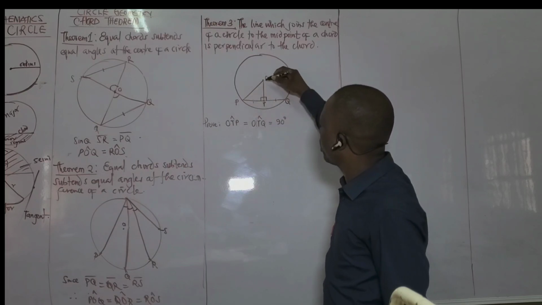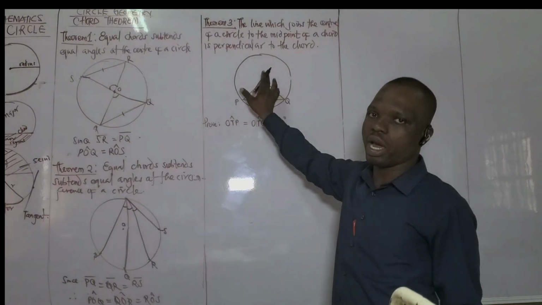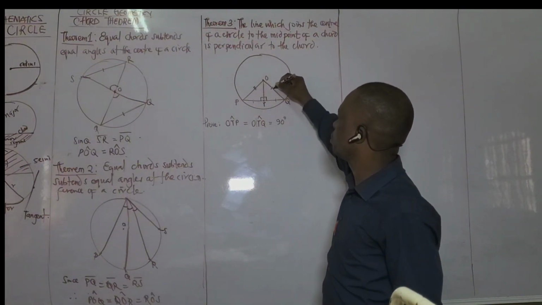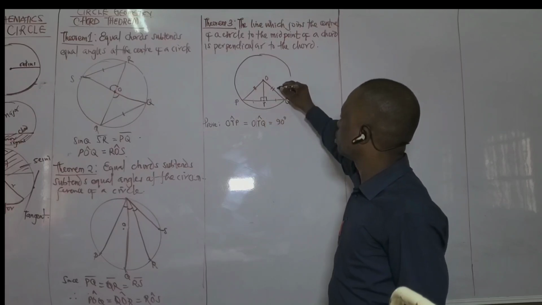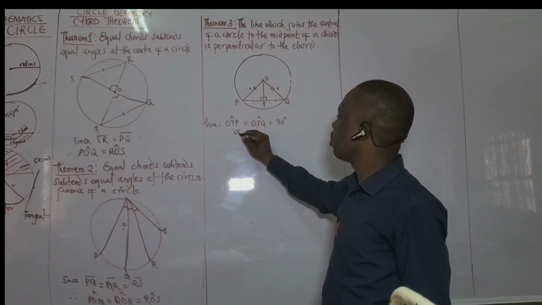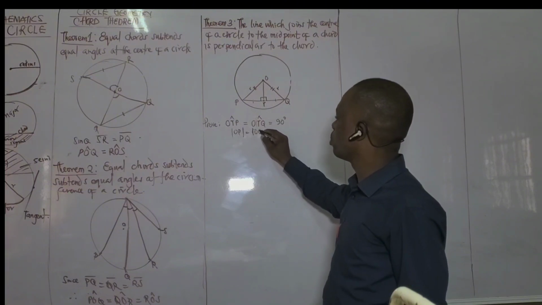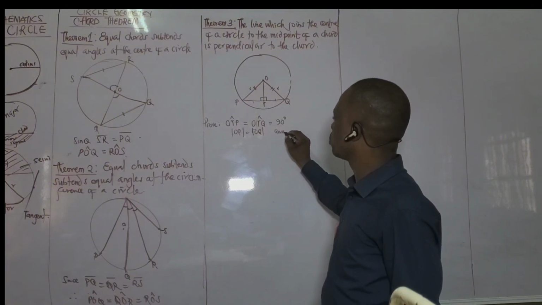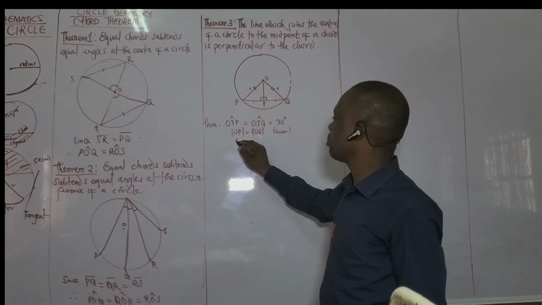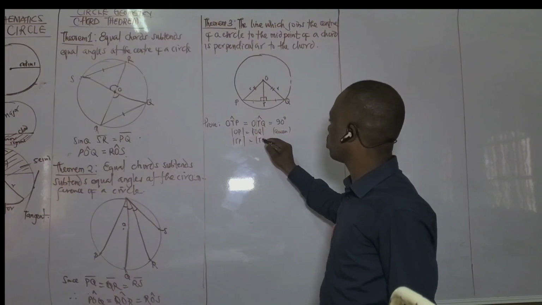When you join OP and OQ, you know these are the radii. They are already given to us. So radius OP equals OQ, and our TP is also equal to TQ.